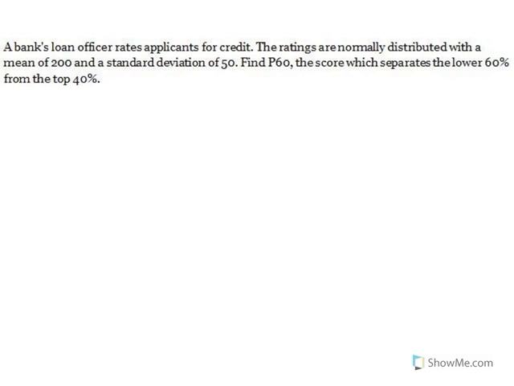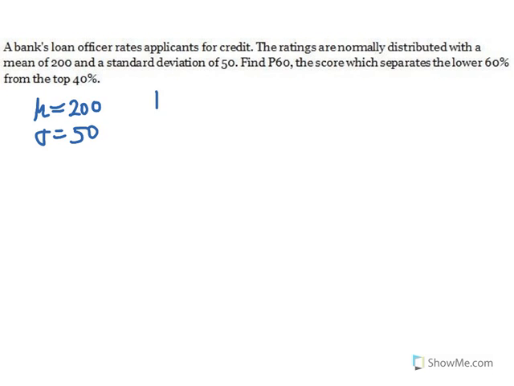Let's move on now and ask a real-life problem. A bank's loan officer rates applicants for credit. The ratings are normally distributed with a mean of 200, so the mean is 200, and the standard deviation is 50. It's a good habit that you write these down every time you have a problem like this.